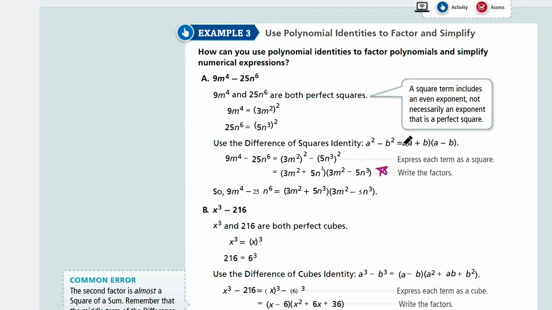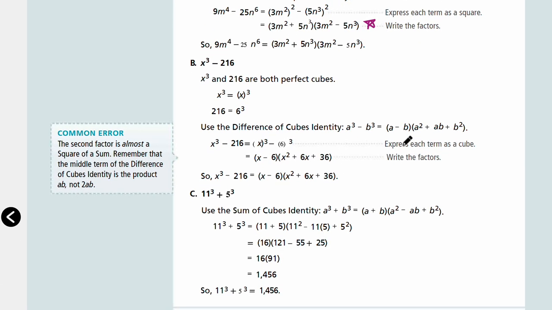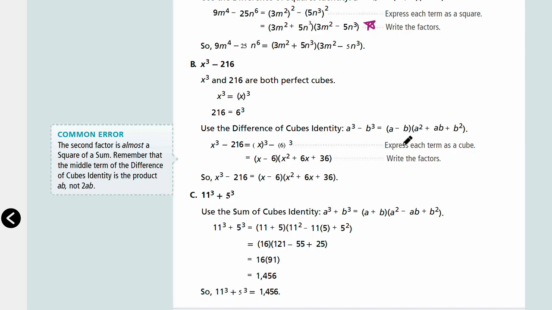Let's look at part B. x cubed minus 216. They are also perfect cubes. So x cubed is already a cube, right? 216 could be rewritten as 6 cubed. 6 times 6 is 36. 36 times 6 is 216. So using the difference of cubes identity, this is already in the form a cubed minus b cubed, right?